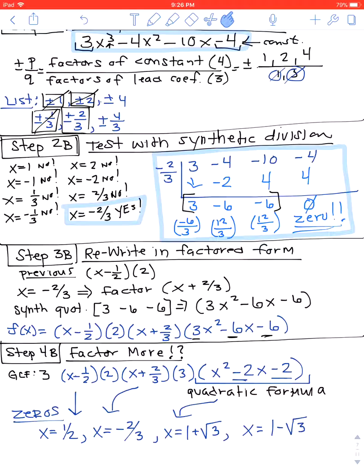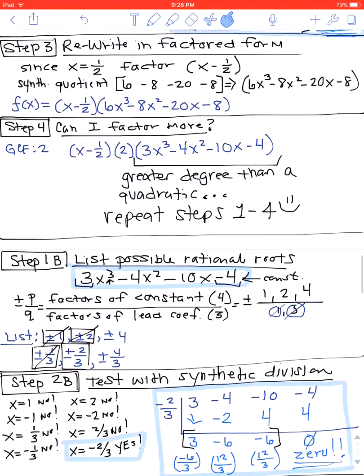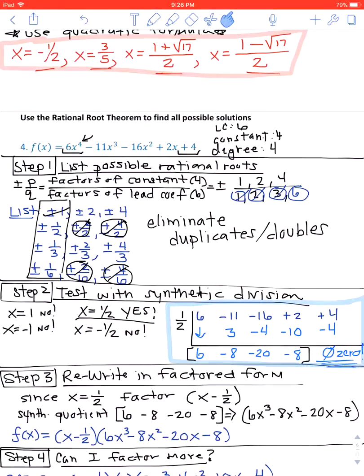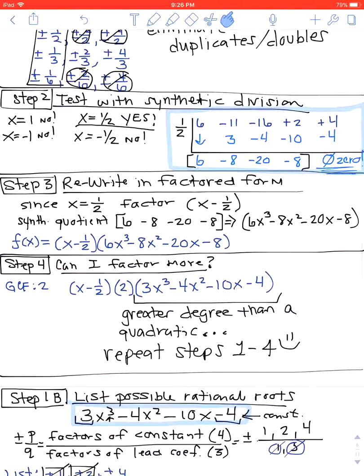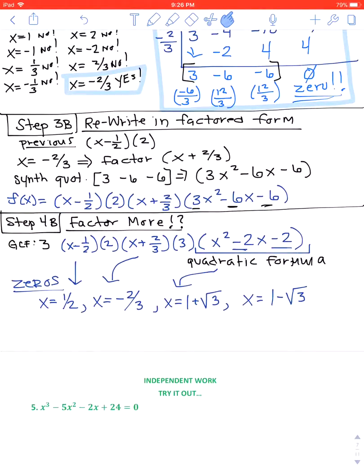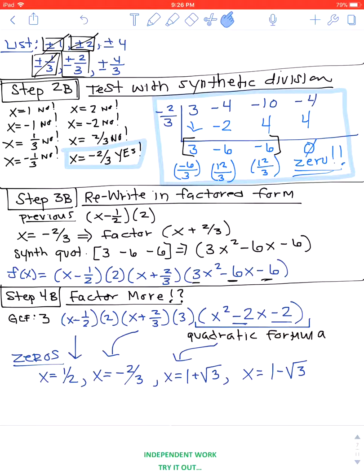Where do I look to know how many I should have? All the way back. Look at all that work we did. Okay, so what was our degree? Our degree was 4, so we should have ended with 4 zeros. Did we? Let's find out. 1, 2, 3, 4. We sure did, and hopefully they are also the 4 correct zeros that you needed to find.